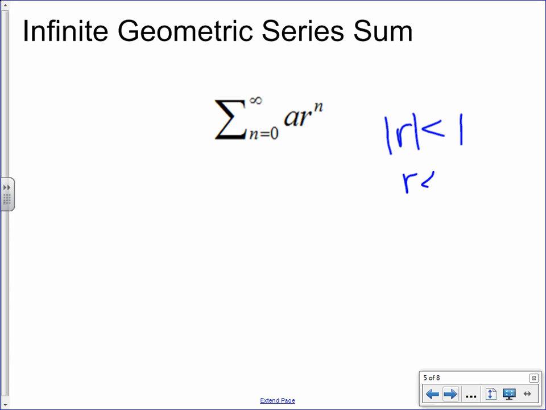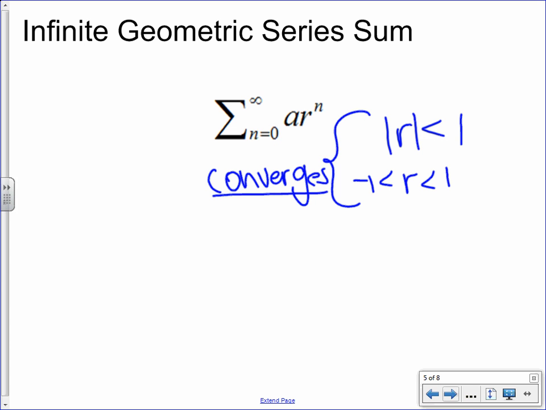You can write it like this, or either way, this is when our geometric series will converge. If it converges, then we know it will converge to this, where A is the first term.